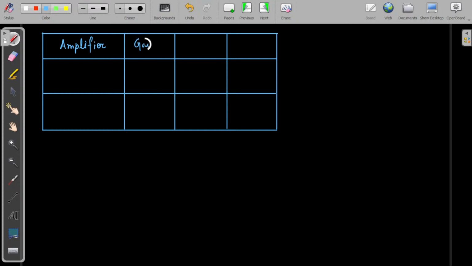This is the gain, this is the bandwidth, and this is the gain bandwidth. Now first of all, I am writing the feedback amplifier here. So feedback amplifier means the gain will be decreased and the bandwidth will be increased, but the gain bandwidth product will be constant.